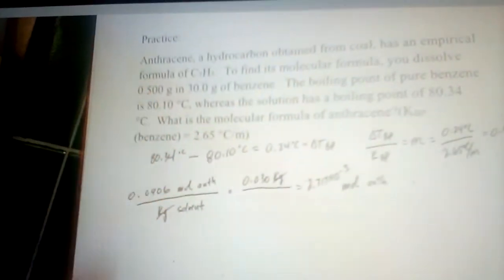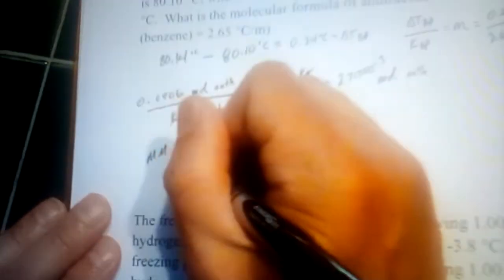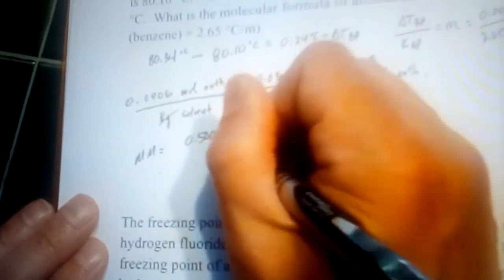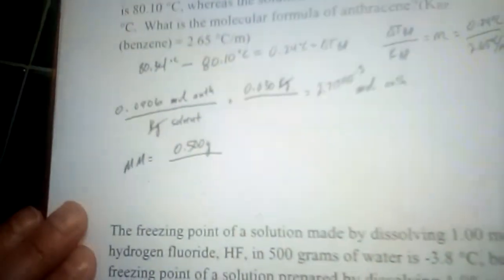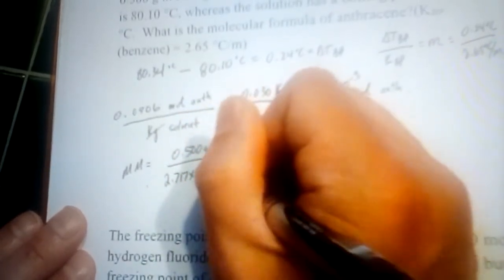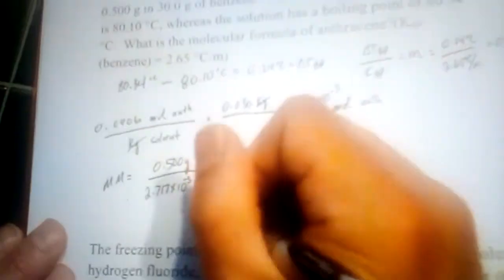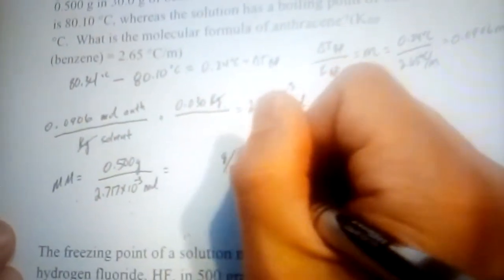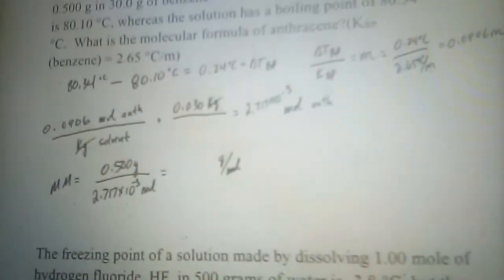Now, we know how many moles there are. We also know how much anthracene we had to begin with, so we have both of the pieces to calculate the molar mass. So the molar mass of this unknown, we take the mass of the sample we used, 0.5 grams, divide by the number of moles that we just determined from the colligative properties, and that would give us the molar mass, grams per mole.